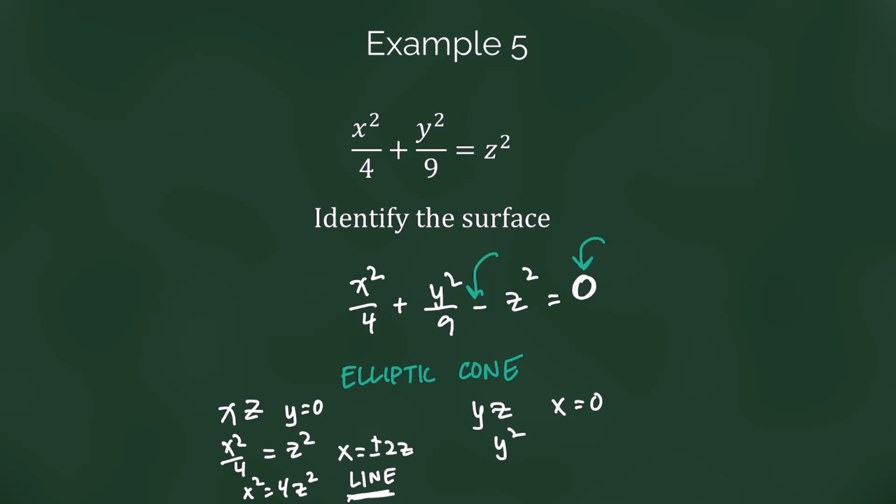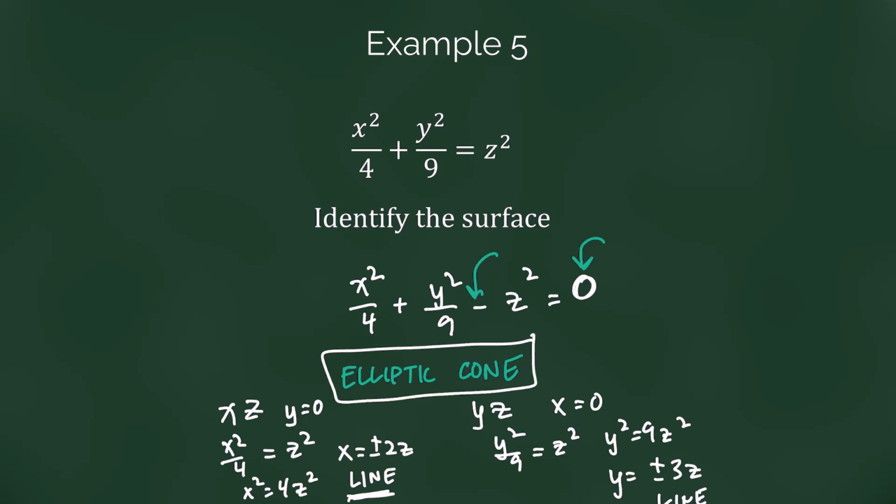Same thing over here, we get Y squared over 9 is Z squared, which means that Y squared is 9Z squared, and we get the lines Y equals plus or minus 3Z. That's a line. And so the elliptic cone has two traces that are going to be straight lines rather than hyperbola.